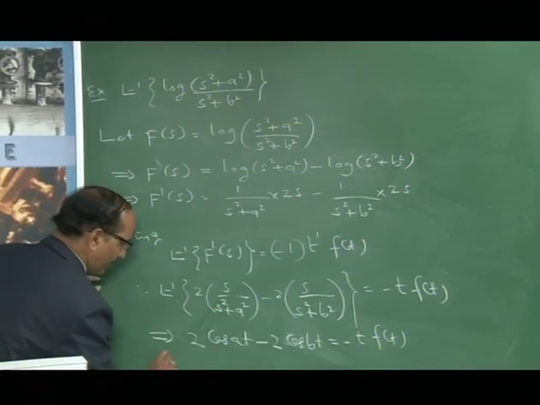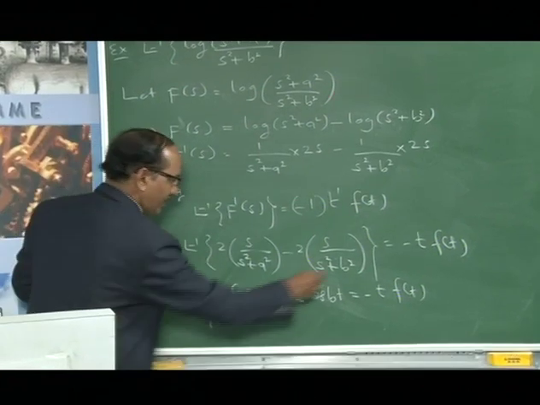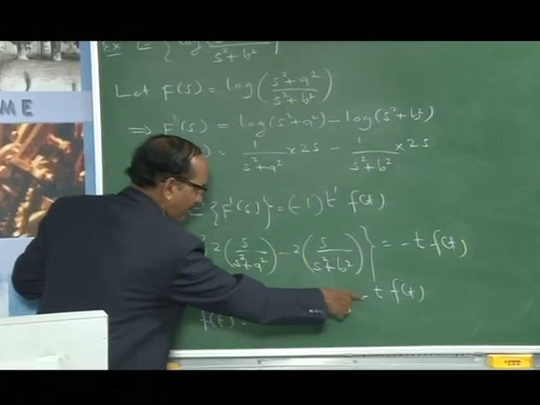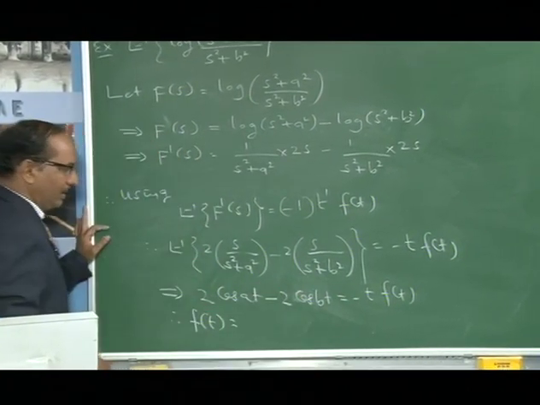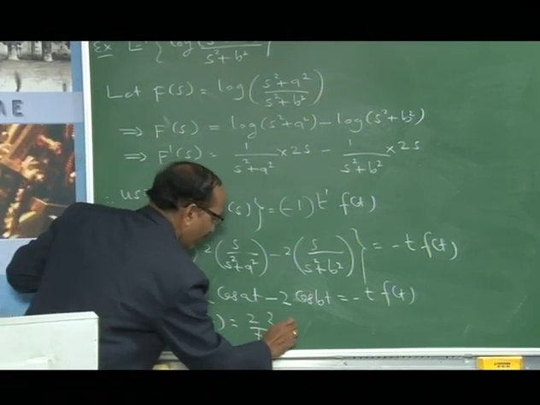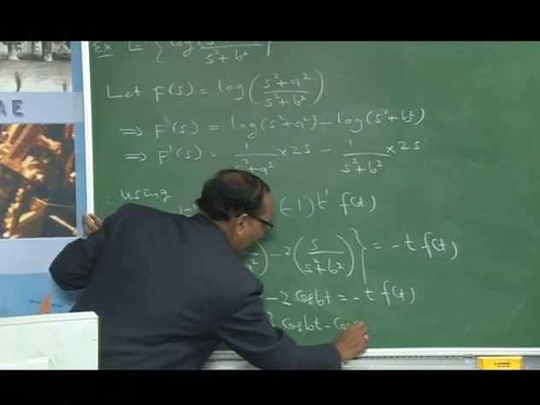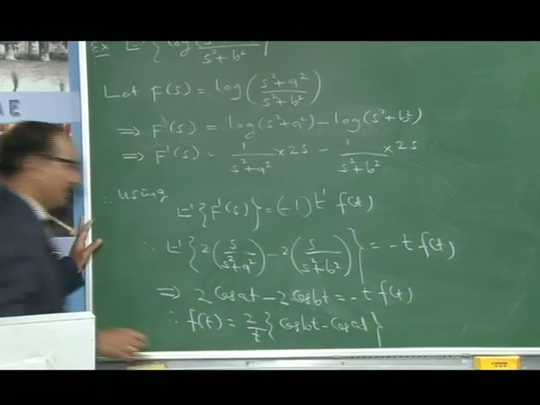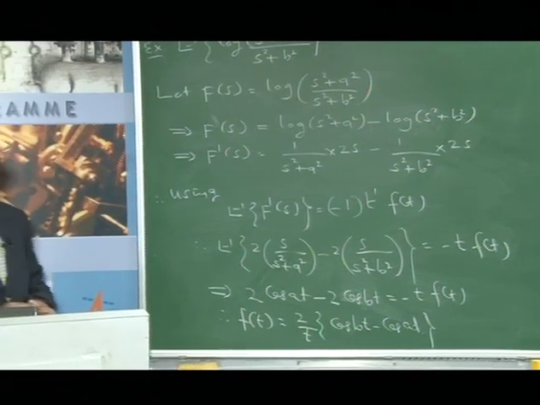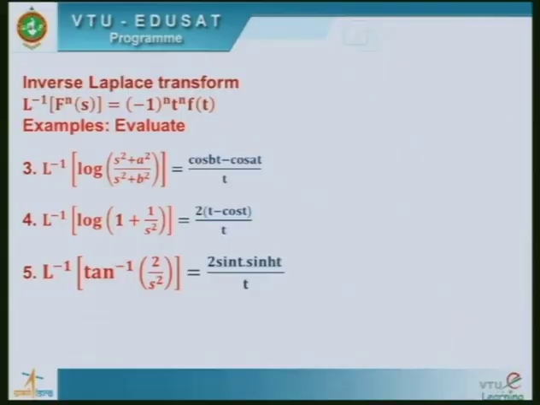Therefore, f of t, that is the inverse of the given problem, dividing by 2 and interchanging the terms because of the minus sign, is 2 divided by t into cos b t minus cos a t. So, that is the inverse transform of log of s square plus a square divided by s square plus b square. Similarly, you can try the other examples.